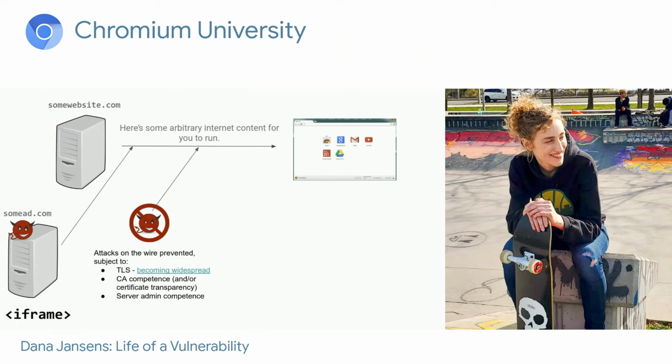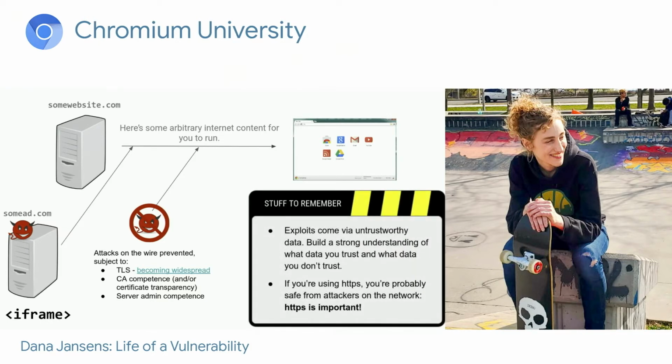A typical website today embeds many other websites through images and iframes, especially for ads, which come from a third party the main page does not control. So it's important to assume that all data coming from the network is untrustworthy and work your way back to what you can actually trust about the data.